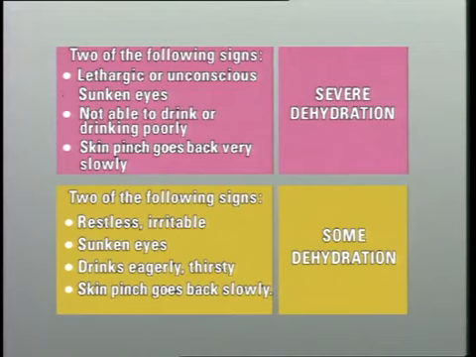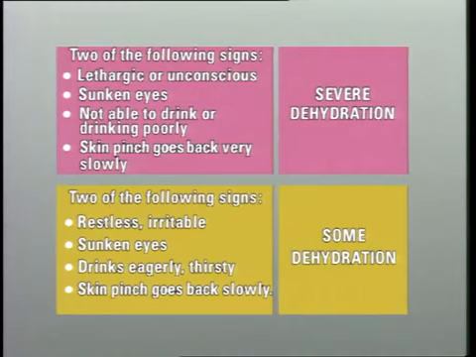His skin pinch does not go back very slowly. To classify the child as severely dehydrated requires 2 signs in this row. This child has only 1. So we move down to the middle row.